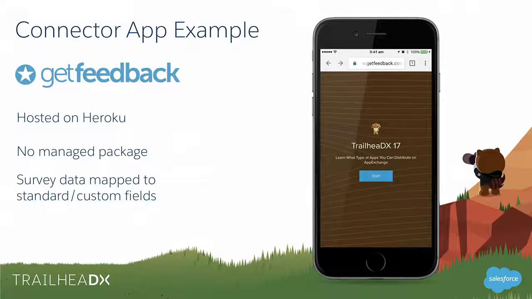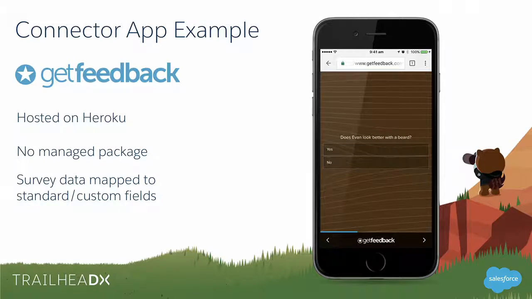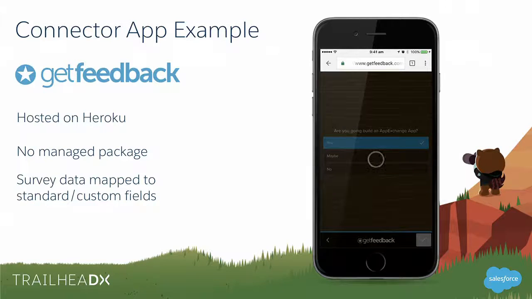And a good example of a connector app is GetFeedback. GetFeedback have their own survey form, their application. They realised that they were coming across a lot of our customers who wanted to integrate their data back into our platform. So they built out some functionality on their platform to allow you to map fields from a survey.